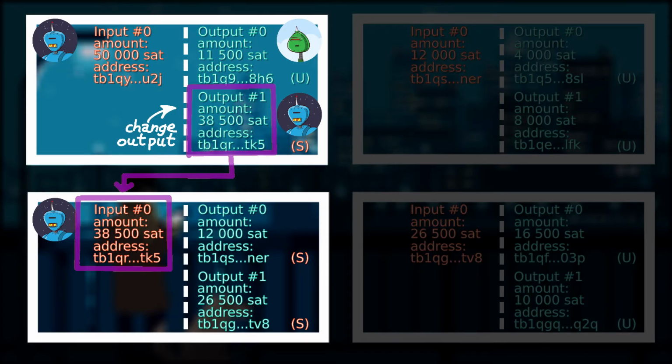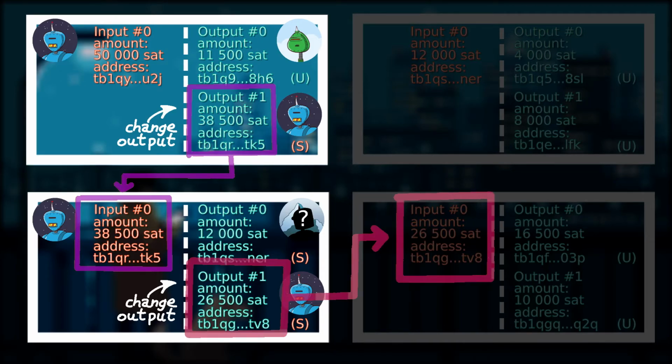But what we do know is that there are bound to be some changes sent back to the sender, and if we apply the same logic as our previous transaction, where the change output is positioned as output number 1, then we could safely assume in this transaction, Q&A sent 12k sat to someone and has 26.5 thousand sat left as change.